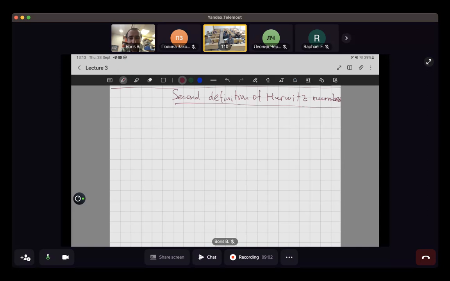Let me explain simple and non-simple critical values in a bit different language. If you take a simple critical value, then in a neighborhood of this simple critical value you may think about the covering as the function f of z equal to z squared.